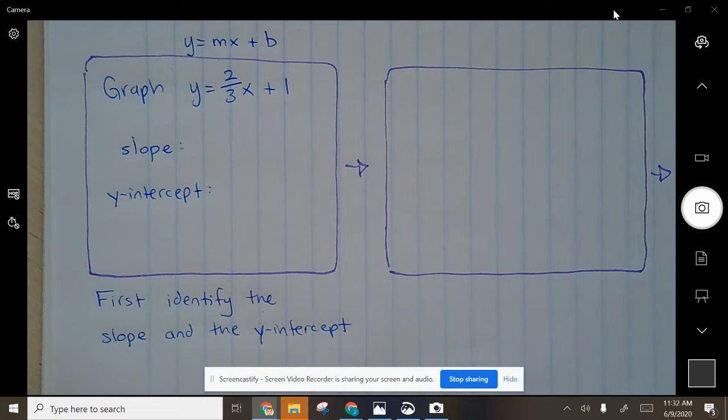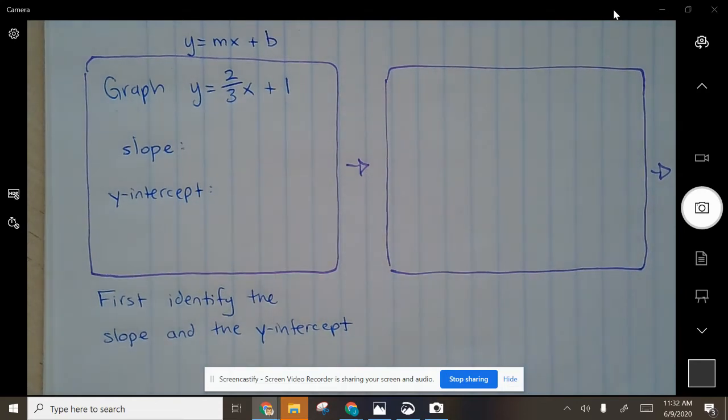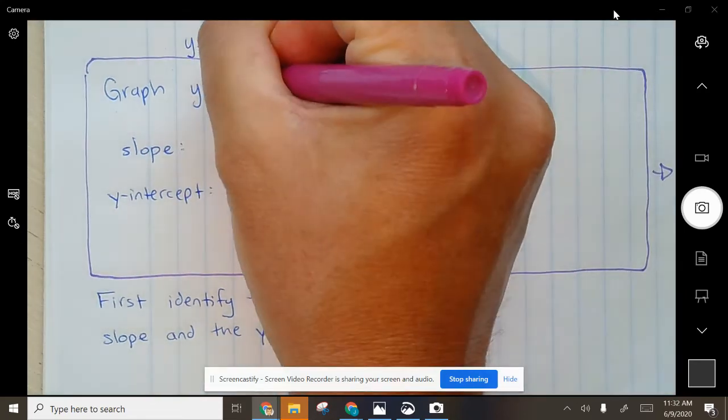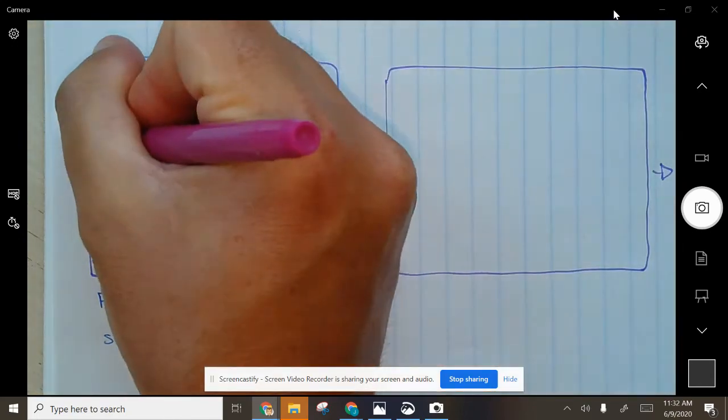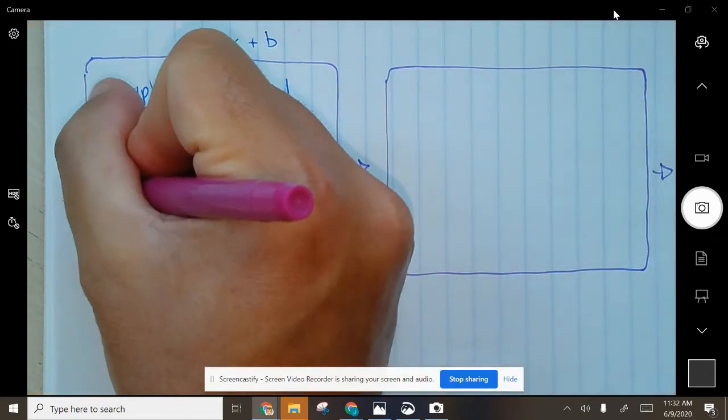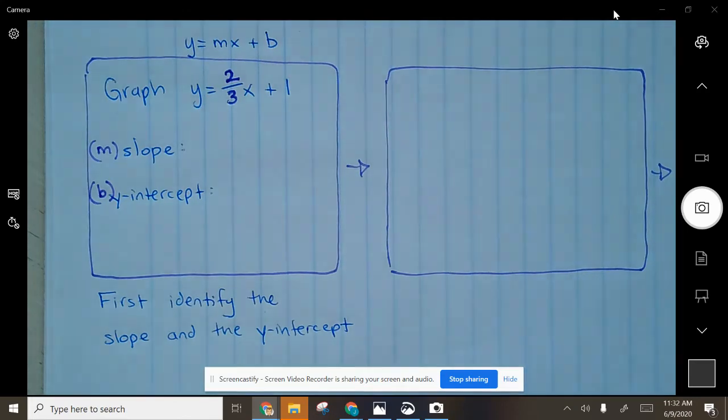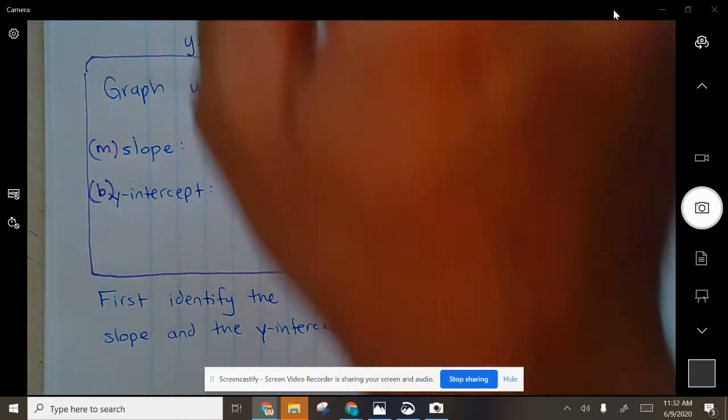So the m is the slope, and I'm going to put an m here, and the b is the y-intercept, okay? So the m is the slope, so I'm going to go ahead and put that here.